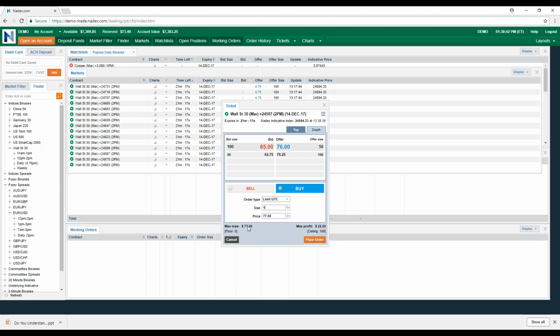You would lose $77.50, because the market went 1 point below your strike. If it went 1 point above your strike, it would be a different story.